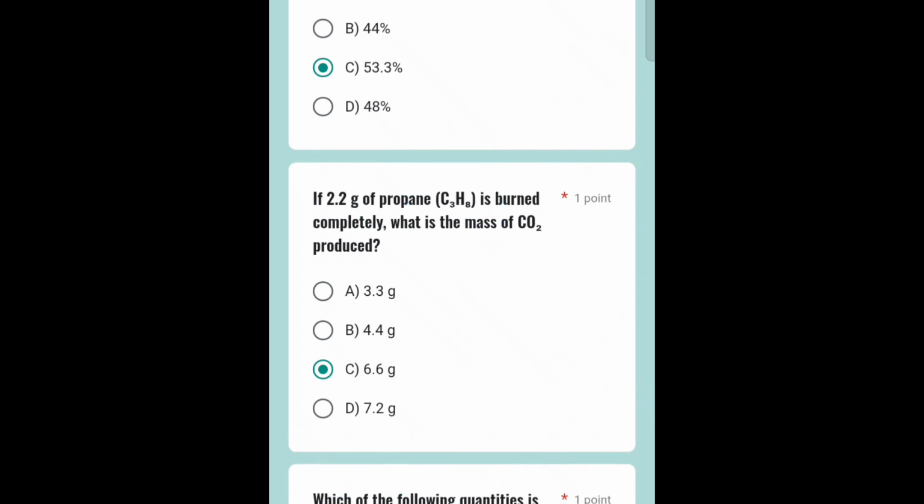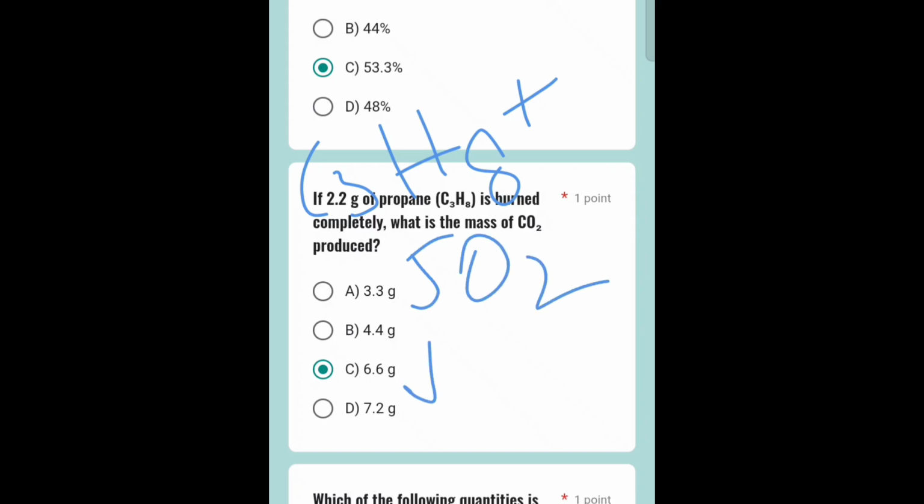The equation will be like this: C3H8 plus 5O2 into 3CO2 plus 4H2O.